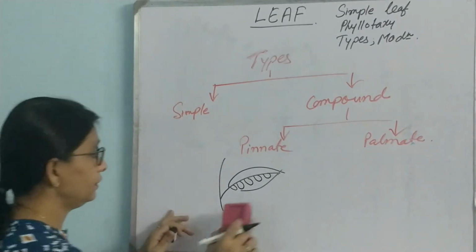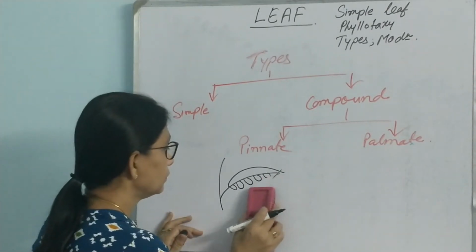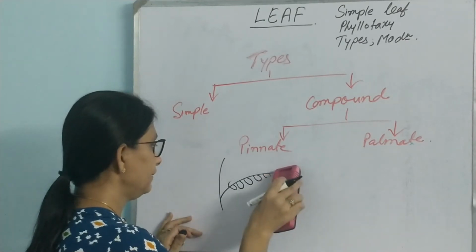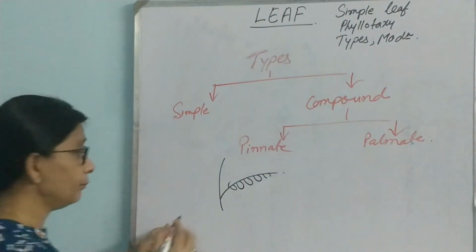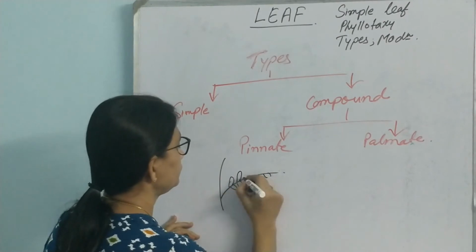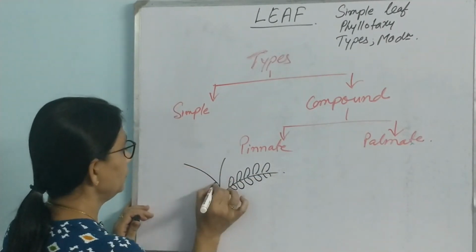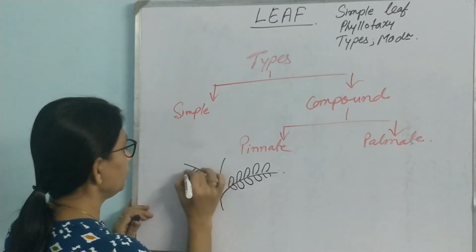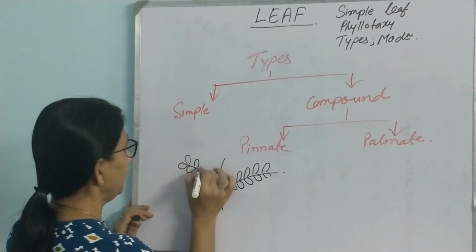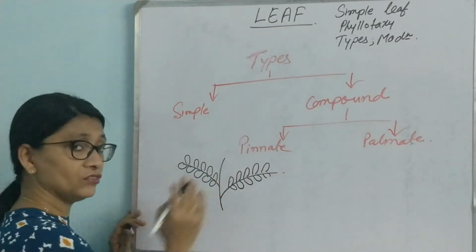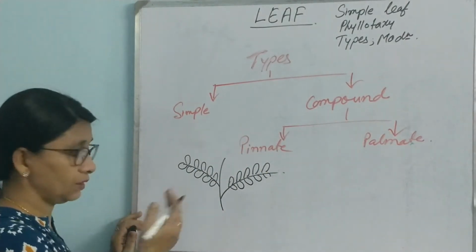That means a petiole is having a number of leaflets like this. So this is another one. So they don't have just one leaf. They have number of small leaf. This is known as pinnate compound leaf.